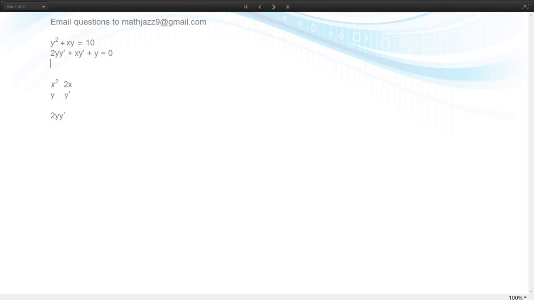So now we need to solve for y prime. I'm going to factor a y prime out of the first two terms. So y prime times 2y plus x. And we're going to subtract the y to the other side of the equation, like so. So what we have is y prime being factored out of these two terms, and a y being moved to the opposite side of the equal sign.